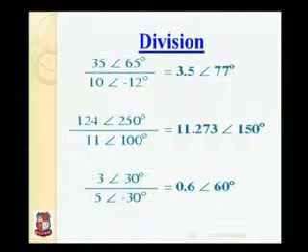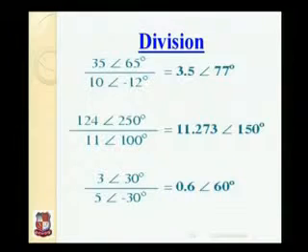The first vector given is 35 angle 65, and the second vector is 10 angle minus 12. First of all, division of magnitude: 35 divided by 10 is 3.5, and subtraction of angle, 65 minus 12, wait, 65 plus 12 since the angle is negative, so the angle is 77. In the same way, 124 angle 250 and the second vector is 11 angle 100.